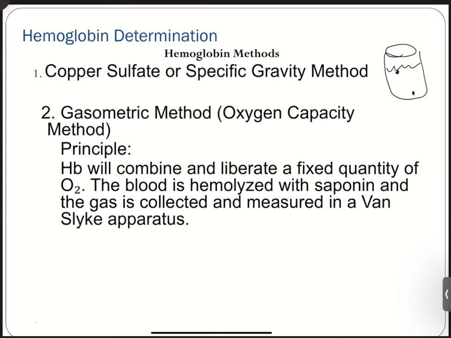Then the hemoglobin, bound with oxygen, will release the oxygen, which is measured using the Van Slyke apparatus. The greater the oxygen that you measured, the greater the hemoglobin, because the greater the hemoglobin, the higher the oxygen concentration in the blood.